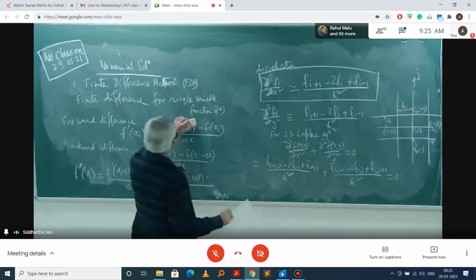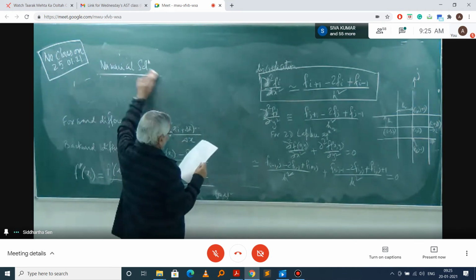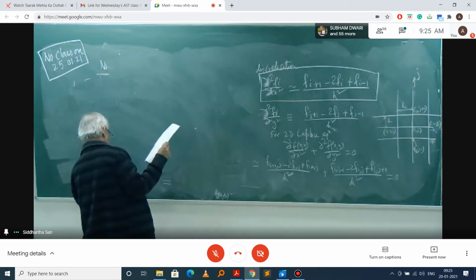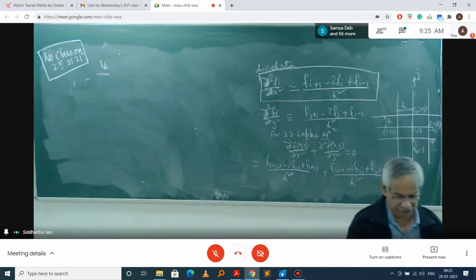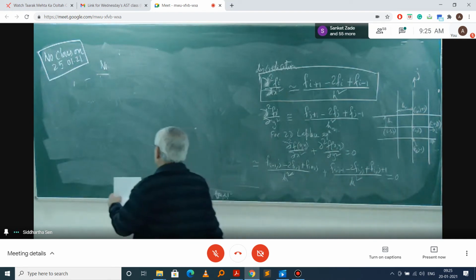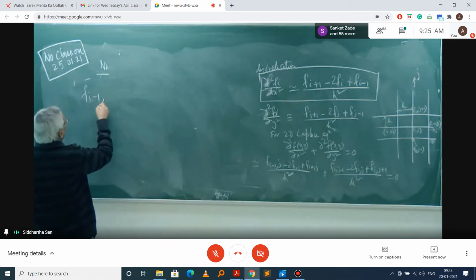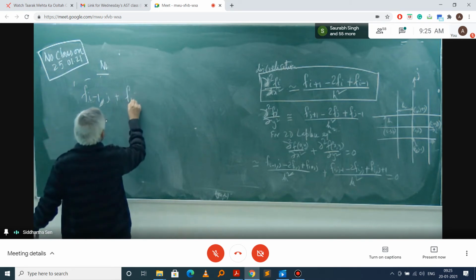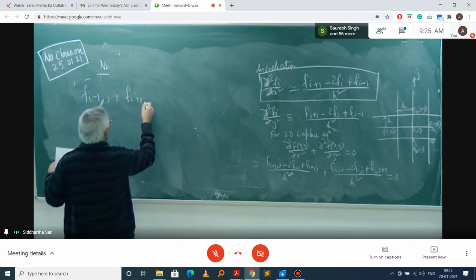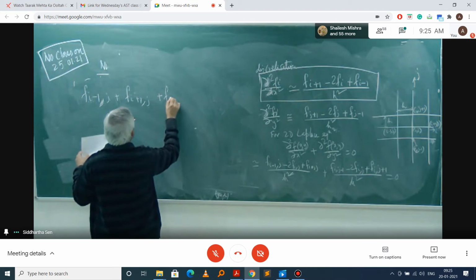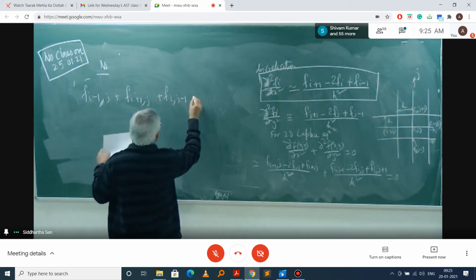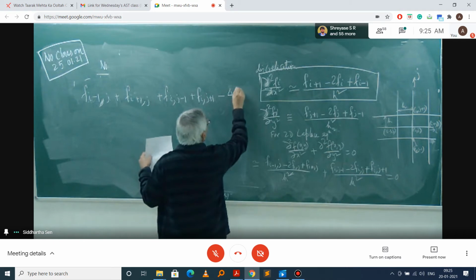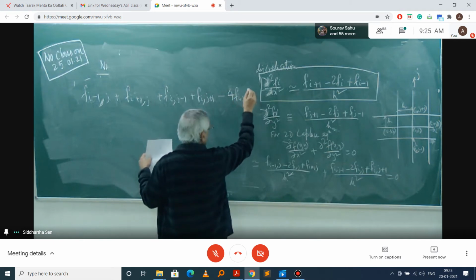Okay. So finally, if we discretize the Laplace equation, we can approximately say f of I minus 1 comma j plus f of I plus 1 comma j plus f of I comma j minus 1 plus f of I comma j plus 1 minus 4 f of I comma j is equal to 0.